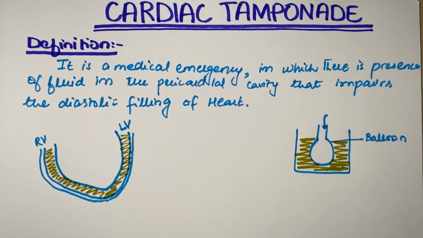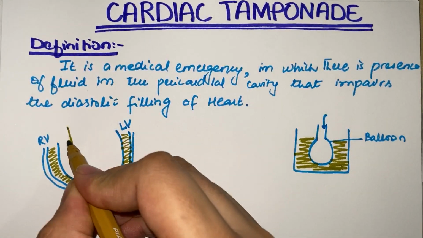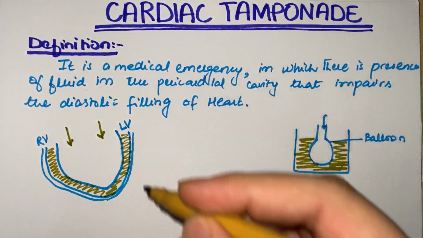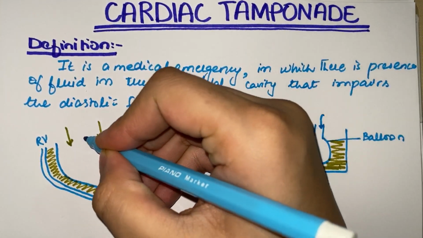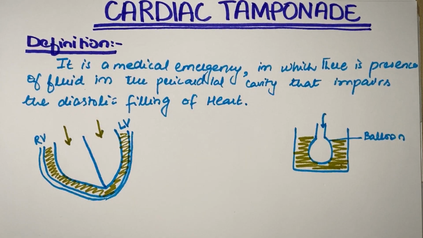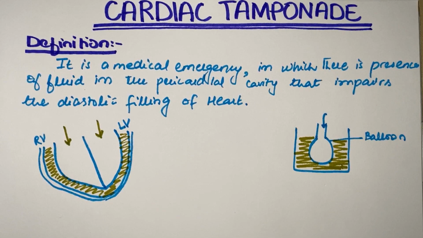Now at the very start of diastole, these ventricles, of course, receive blood from their respective atria, right ventricle from the right atrium and left ventricle from the left atrium. When they are receiving blood, of course they will dilate. What is happening in this condition is that since there is fluid in the pericardial cavity, the ventricles are unable to dilate properly.